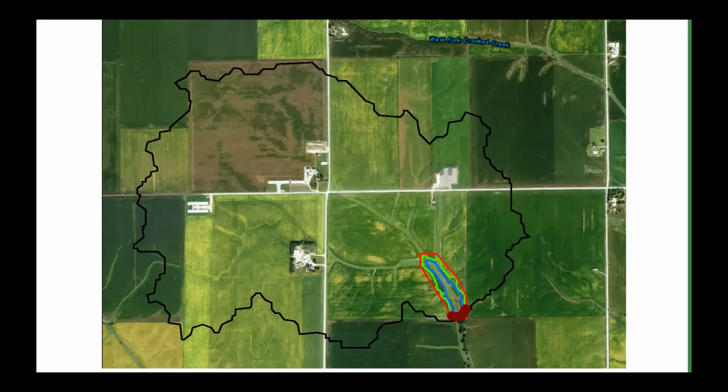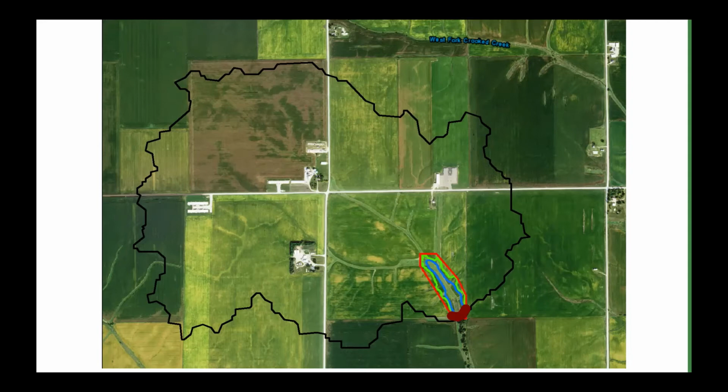But what we're looking for is an area of concentrated row crop acres that are tiled. The black line there is the drainage area, so the water that feeds into the wetland. The red line is actually the conservation easement boundary, which I can talk a little bit more about later on. And then the blue line is the actual wetland pool.